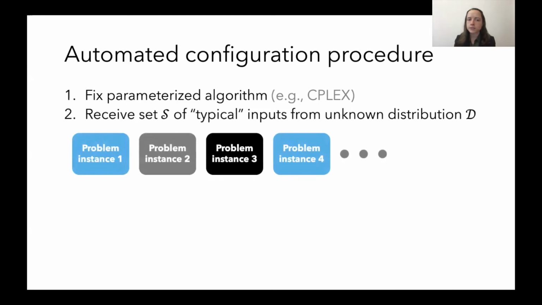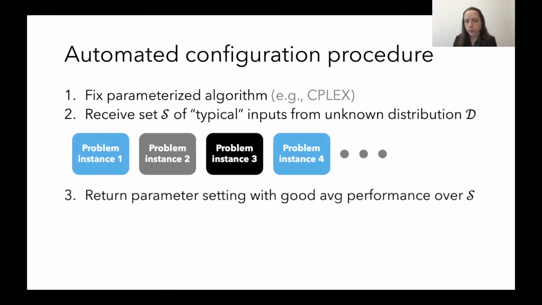Then we receive a set S of typical problem instances sampled from some unknown application-specific distribution D. We perform some optimizations, and then we return a parameter setting which has good average algorithmic performance over this training set. So by algorithmic performance, you can think of this as a measurement of the algorithm's runtime, its solution quality, its memory usage, and so on.